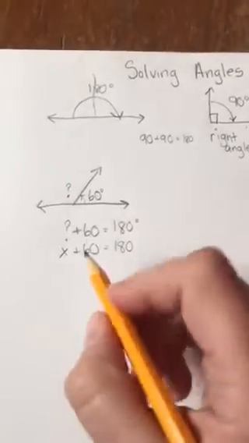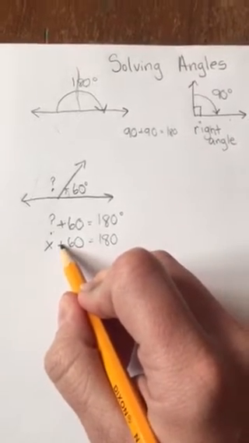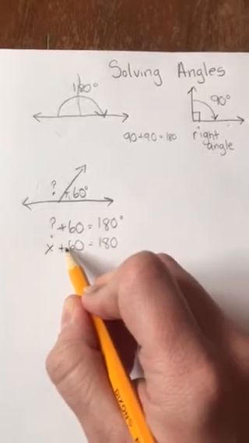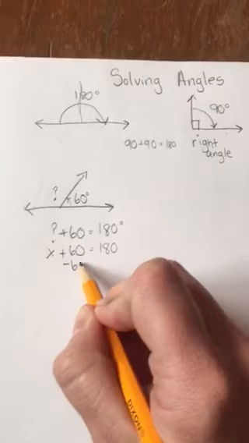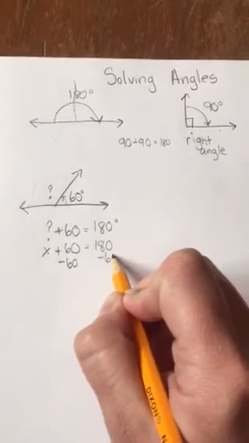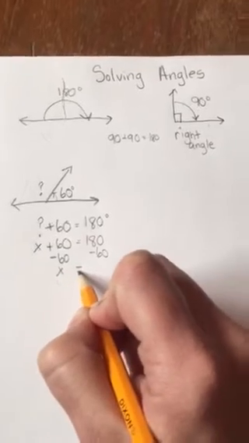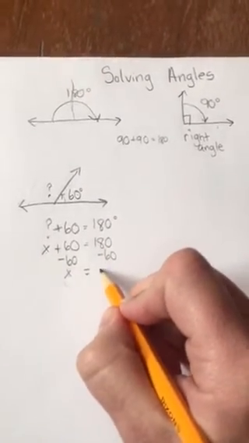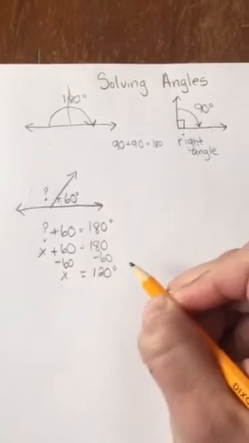There's my equation. So remember, when we solve for x, we're going to use the inverse operation. The inverse operation, or the opposite operation, would be to subtract. So I have plus 60, so I'm going to subtract 60 from both sides of the equation. I'm going to get x equals 180 minus 60, which is 120 degrees.